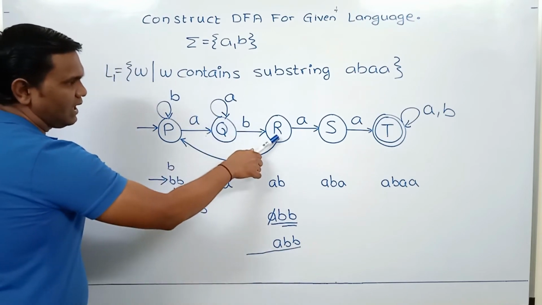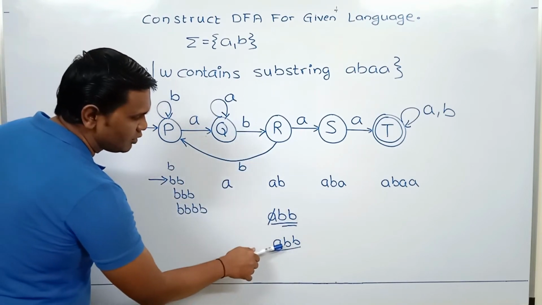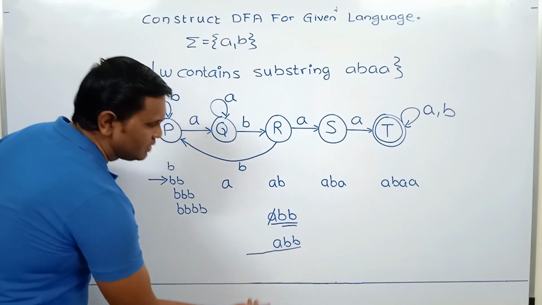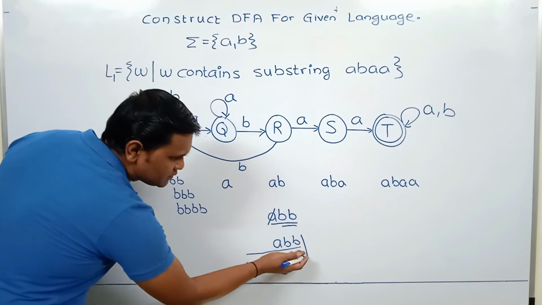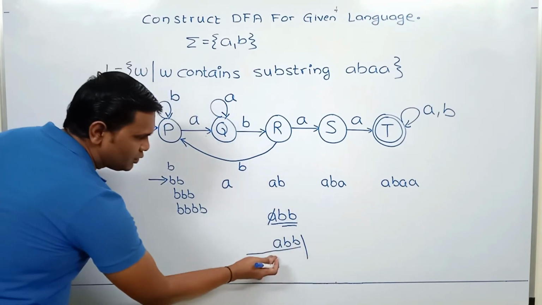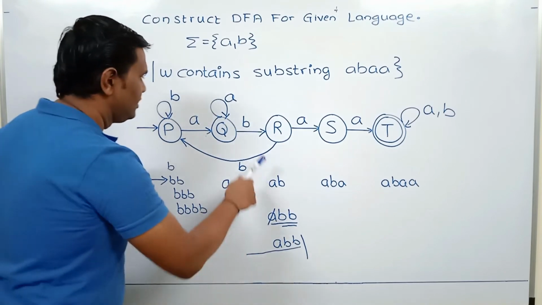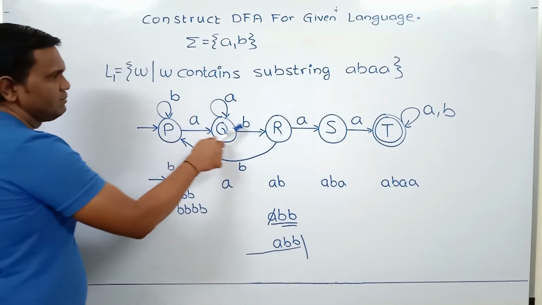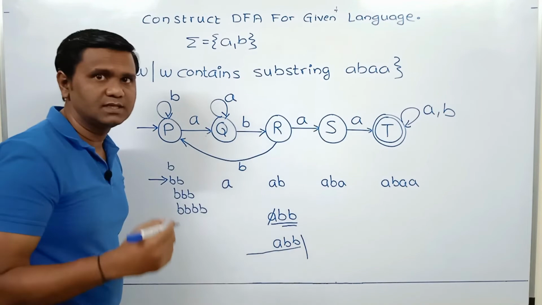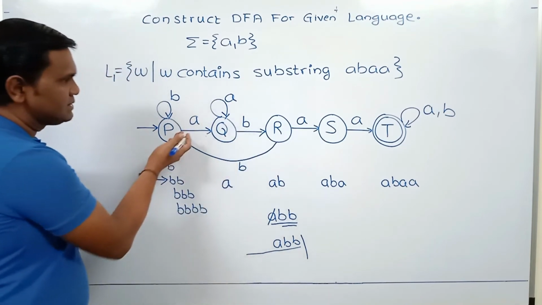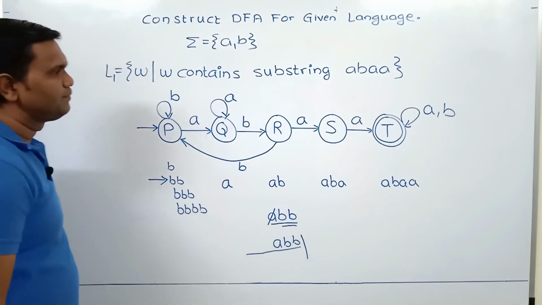We are in state R, which remembers the last two symbols are AB, and another B comes. If this happens, we cannot use any suffix of this part to get the substring ABAA. Now we require all four symbols ABAA to get the substring ABAA. So that's why this transition is added.